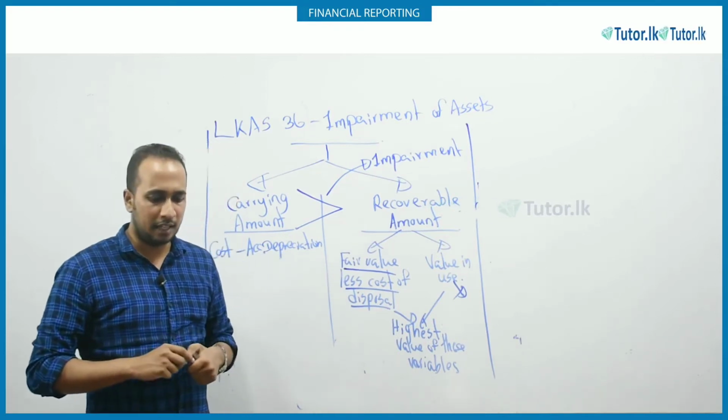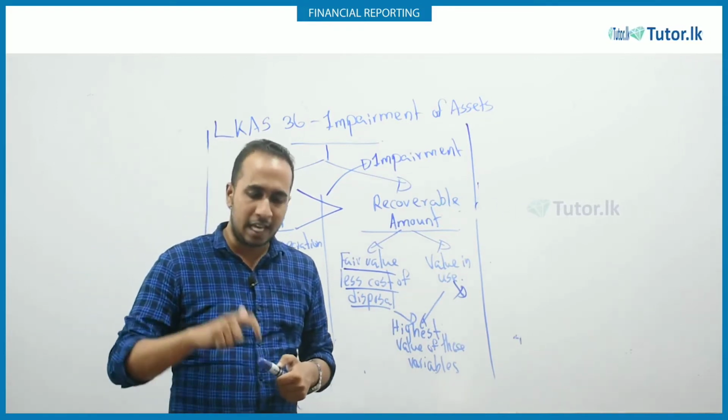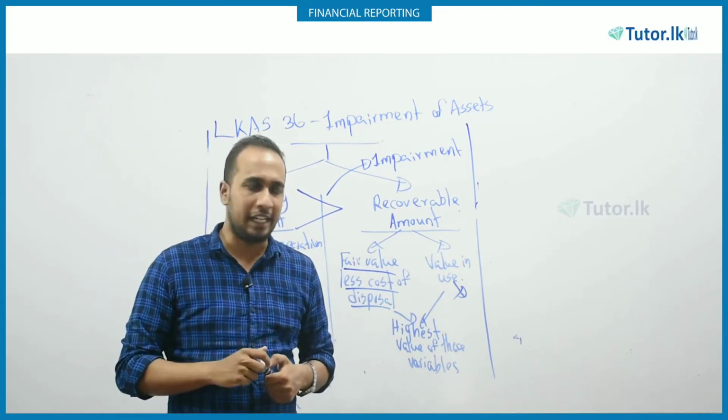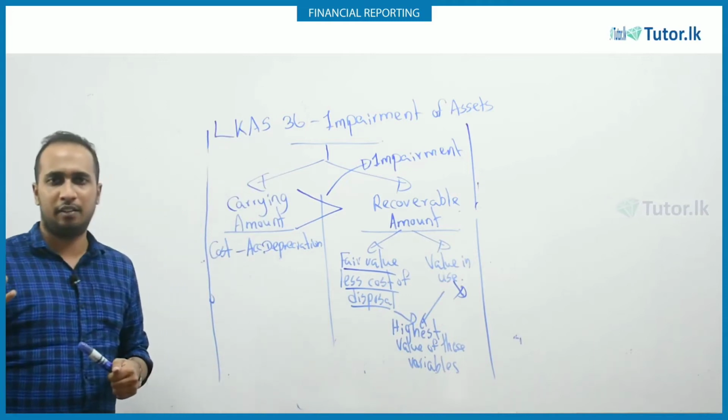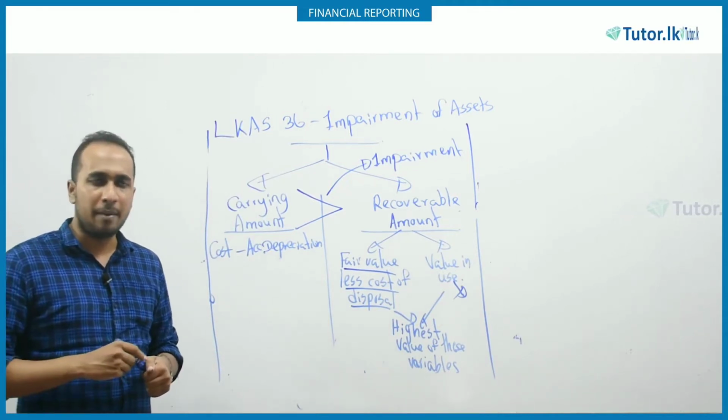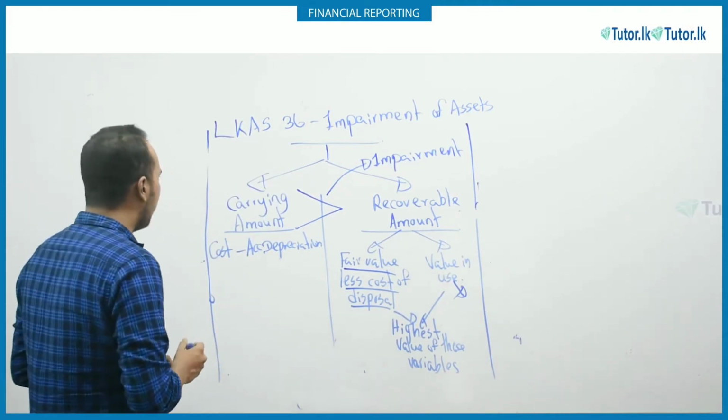The standard tells that if there are indications that impairment loss has happened, only at that time we should do impairment testing. We call it impairment testing.